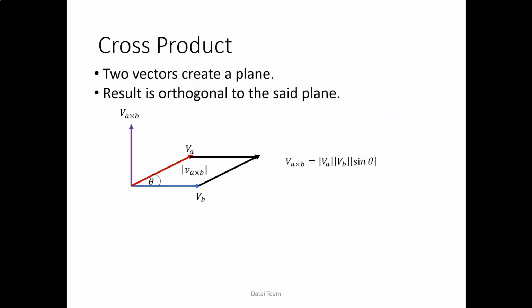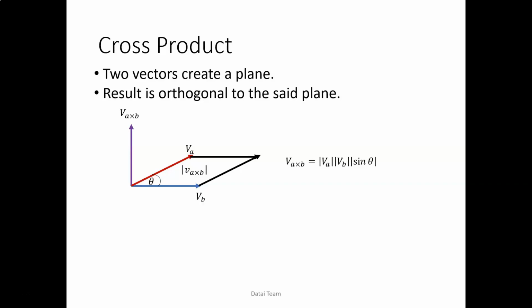Unlike the dot product, the result of a cross product is also a vector. And as you can see in this image, you have two vectors, VA and VB, and they are creating a plane, a two-dimensional plane.